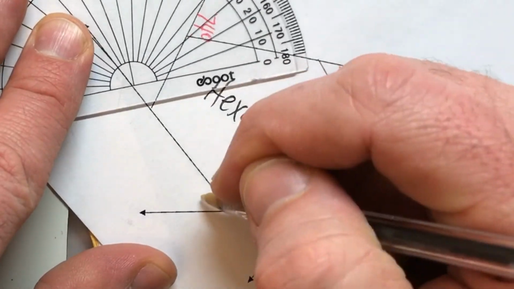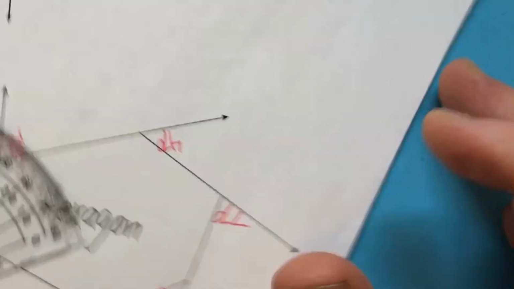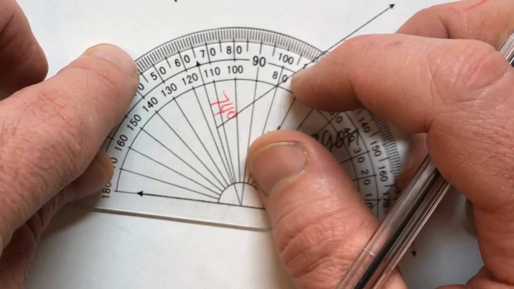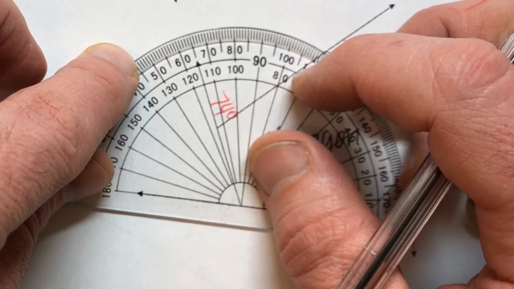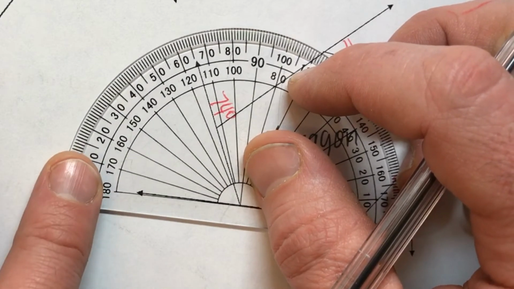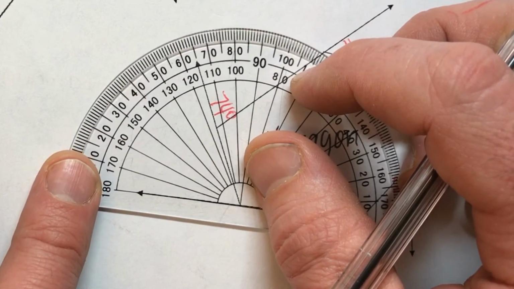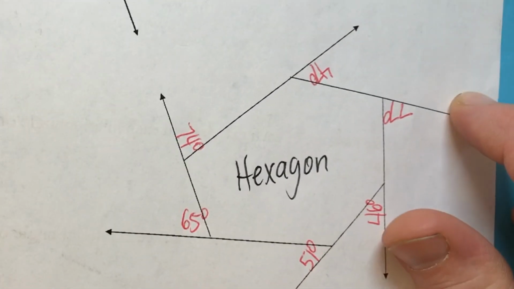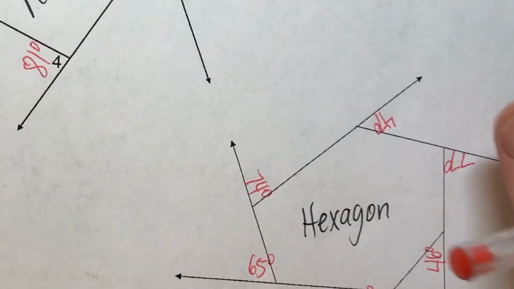We'll say 51. And then this last one right here, about 65 degrees, somewhere around there. Okay? All right, so go ahead and add those 6 numbers up real quick.